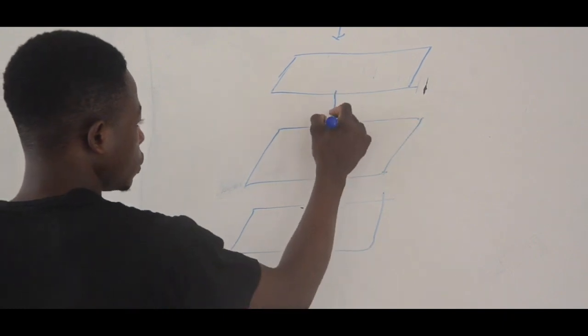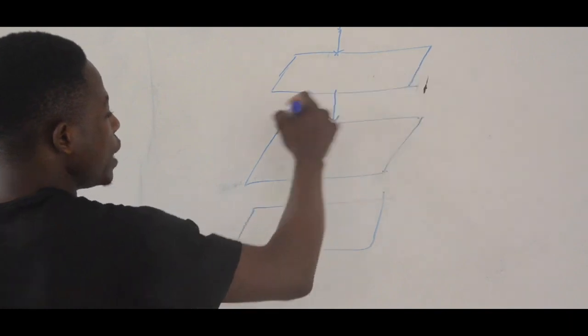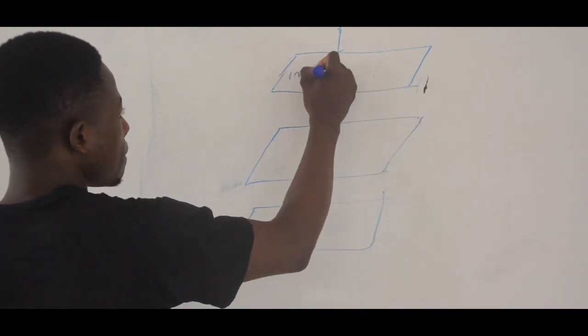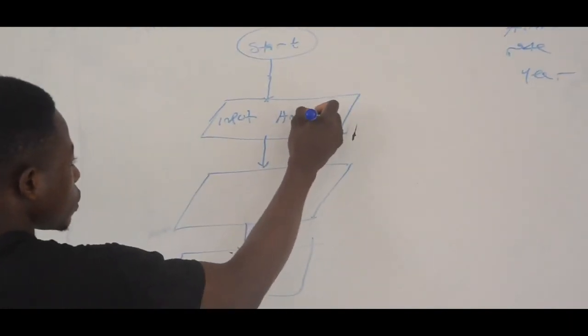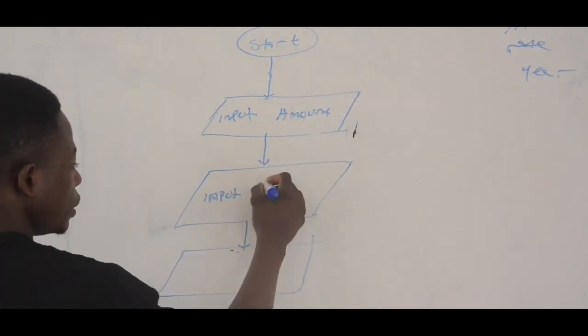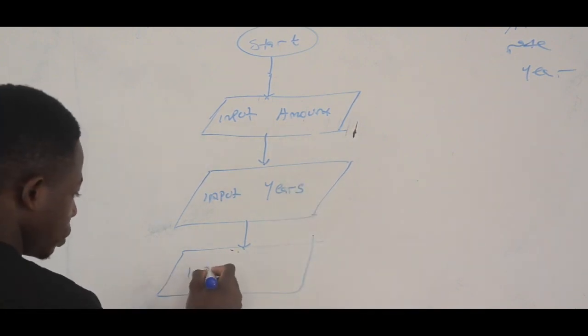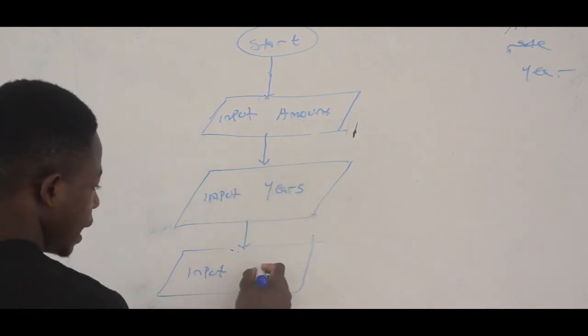And you have to use the flow line. I told you it's very essential. So here we are collecting input, amount, then input year, or the other time I said yes, because you don't know. So input rate.